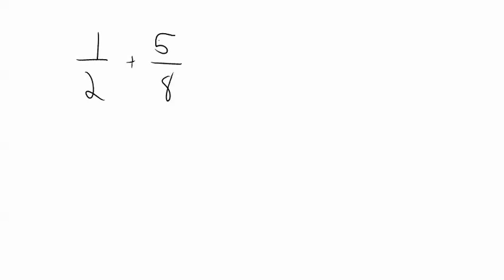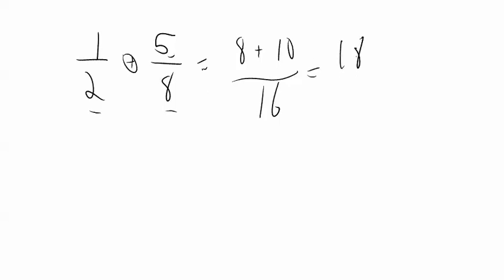So 1/2 plus 5 over 8. Again, the rule here is I go 1 times 8, which is 8, and then 2 times 5, which is 10. Now I'm going to add because it's adding. So 8 plus 10, divided by 2 times 8, which is 16. So what I end up getting is 18 over 16.